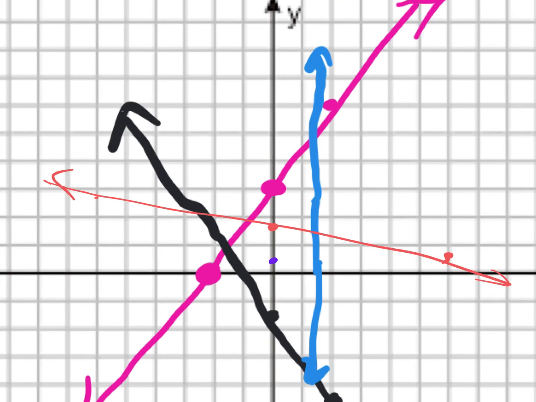And then from there, I'm going to rise 2 and run 3. And then you can connect your points and graph your line.